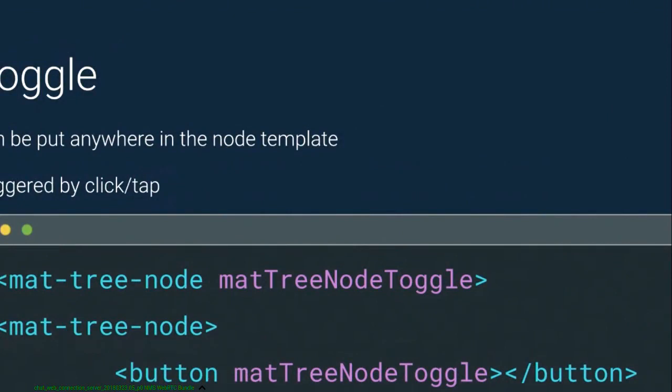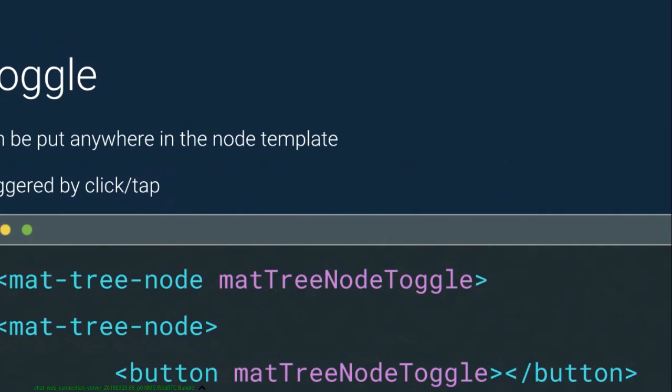The toggle of the node is to expand or collapse a node. And this directive can be put anywhere in the tree node template. It can be triggered by user's click or tap events. In the example, we can put it on a mat tree node, or we can put it on a button inside the node template.